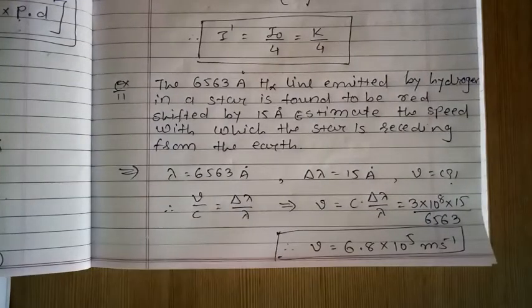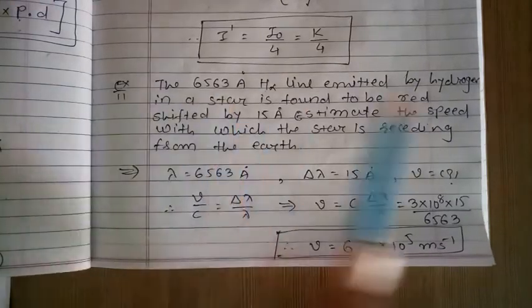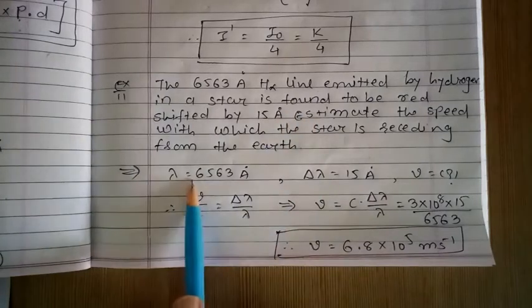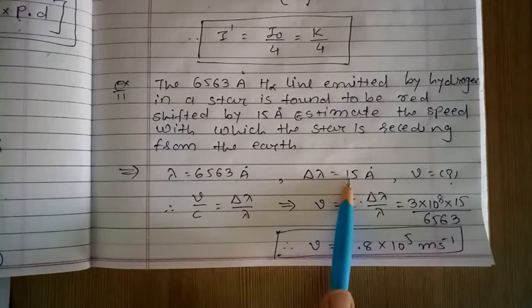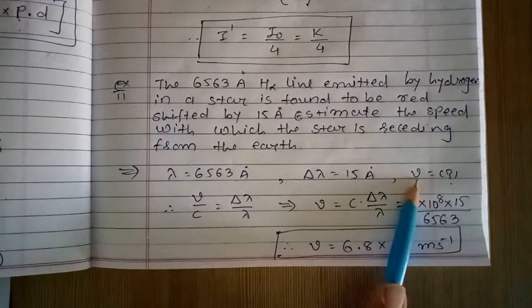So again, we know the wavelength lambda is 6563 Angstrom, and the redshift delta lambda is 15 Angstrom. We have to find the speed v.